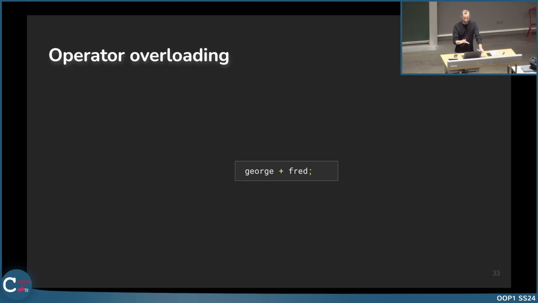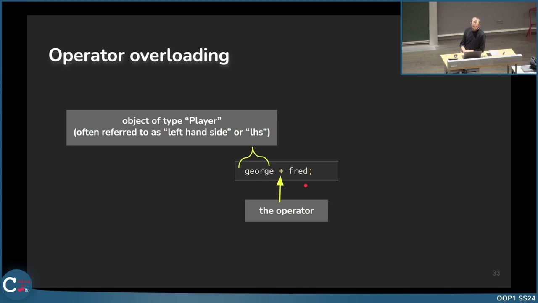Okay, so I think this is now the most important concept, so please listen now. We have this easy and short equation: George plus Fred. And we have an operator, the plus symbol. The left side here is an object of type player, and it's often referred to as the left-hand side, and many people write it as LHS.